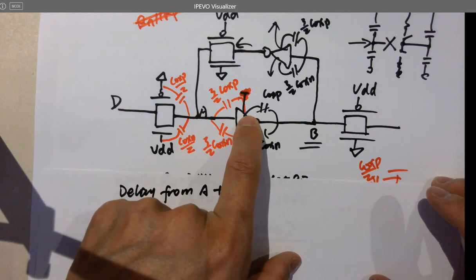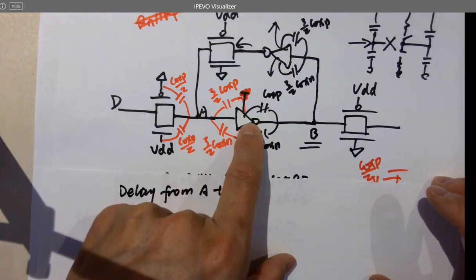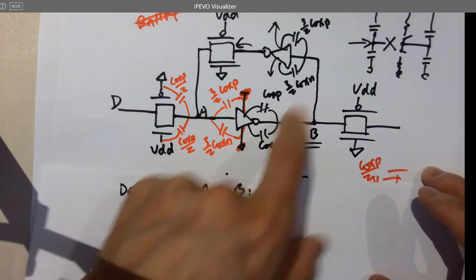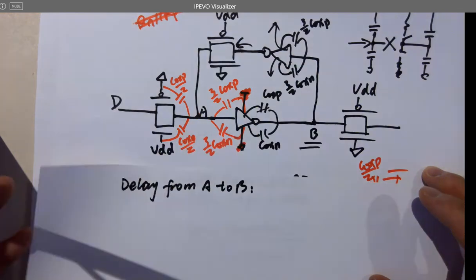Whenever it's L to H, Rp is involved, H to L, Rn is involved, and there's nothing involved. So TPLH, TPHL, they're not equal.